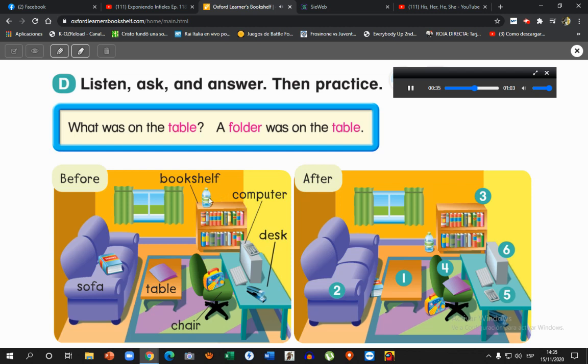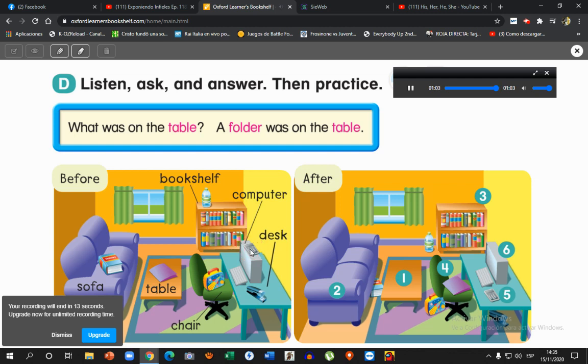A water bottle was on the bookshelf. 4, What was on the chair? A lunchbox was on the chair. 5, What was on the desk? A stapler was on the desk. 6, What was on the computer? A calculator was on the computer.